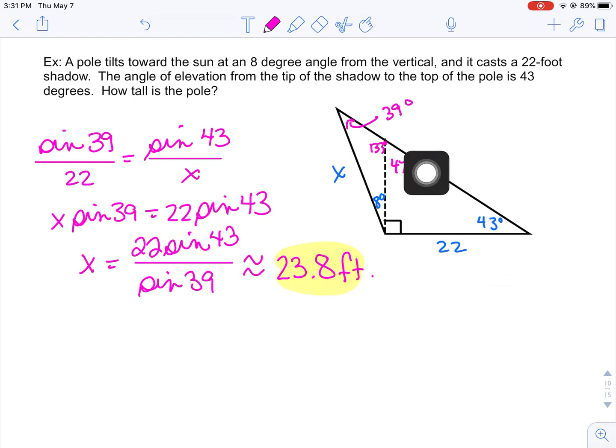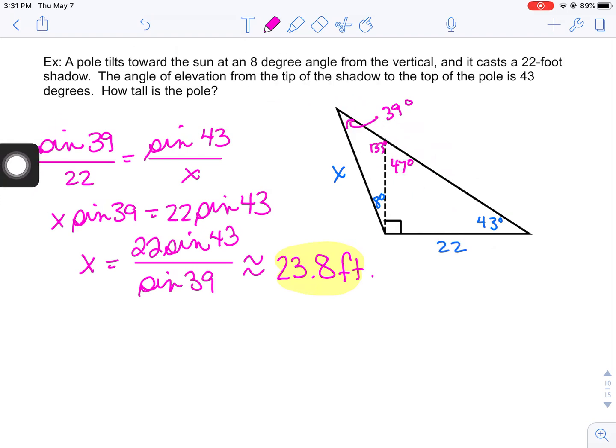Then I said, oh, well, these two are supplementary. So I subtracted 47 from 180 and I got 133. And then working with this triangle here, I found 39 degrees by taking 180, subtracting 8, and subtracting 133. And that's 39. Now I have a side opposite that angle, and I'm ready to use the law of sines.